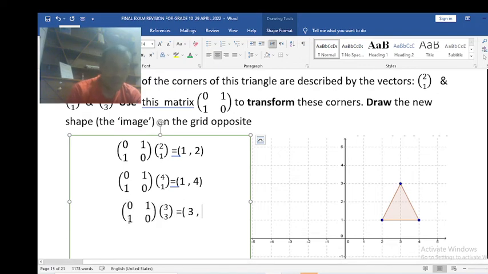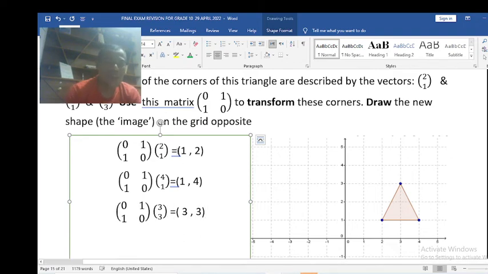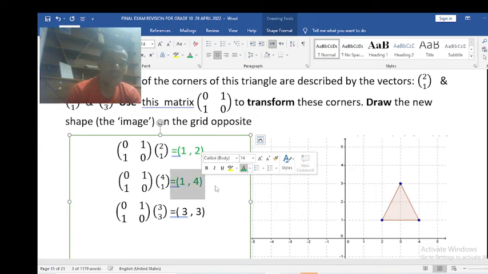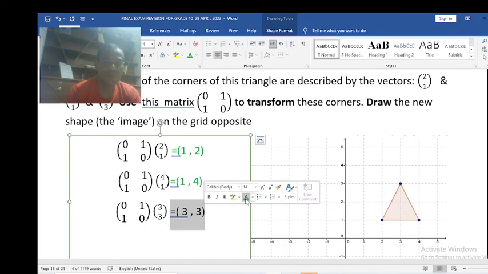And also here 1 multiplied by 3 is 3, plus 0 by 3 is 3. Then I will close the parentheses. So this one is the image of the corners of this triangle. You should multiply by the matrix of transformation.